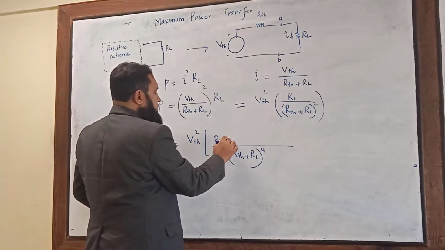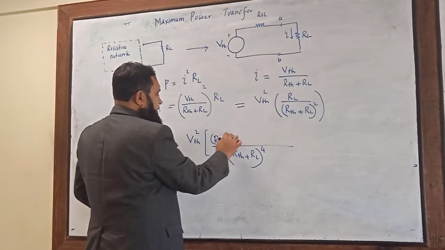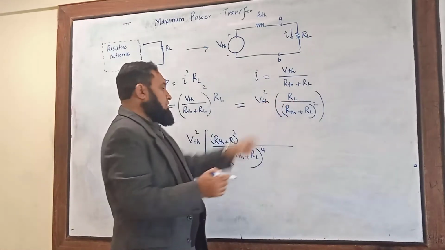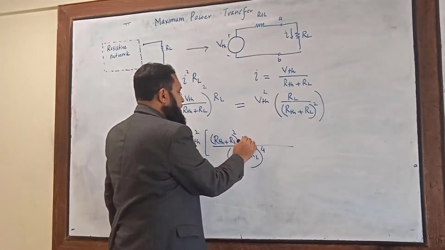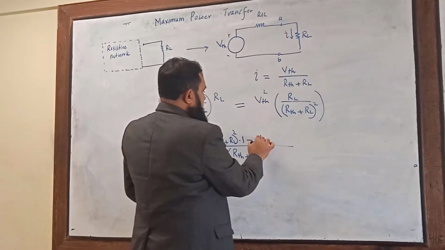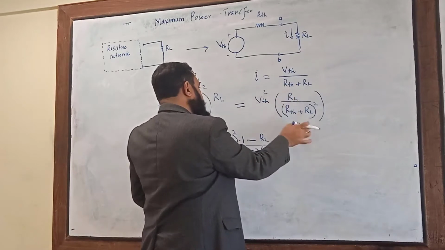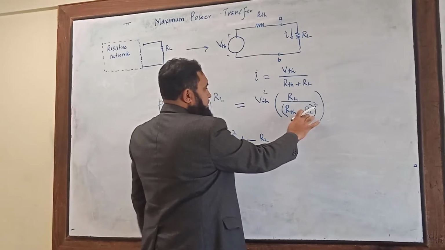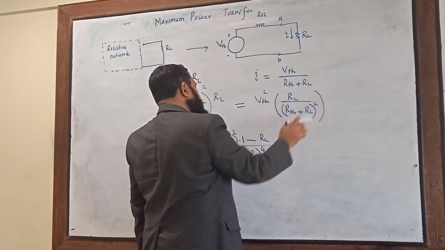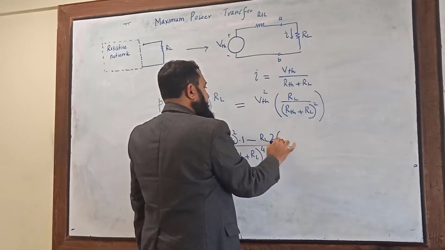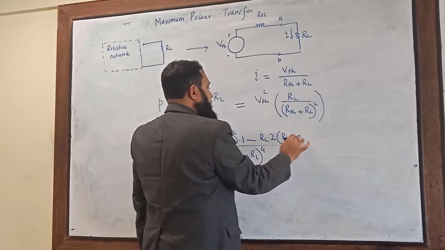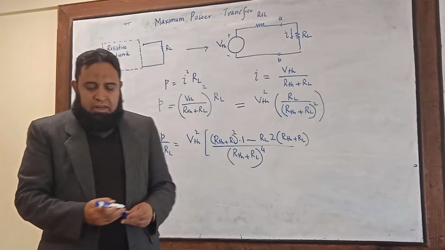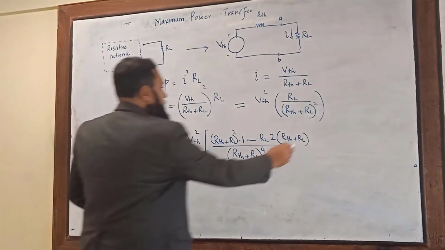Writing the denominator here, and differentiating with respect to RL, dRL by dRL is unity, so you can simply write 1 minus, write the denominator, the numerator, and differentiate the numerator. This numerator contains RL, it has a square sign, so you can use the rule: RTH plus RL multiplied by 2 into dRL by dRL, which is equal to 1. So you have this relation.